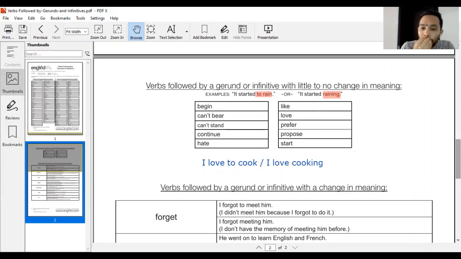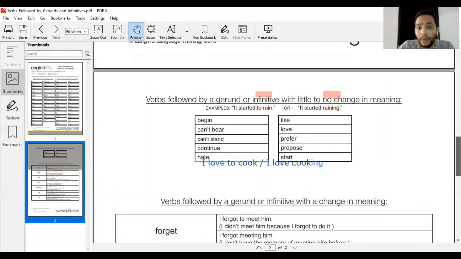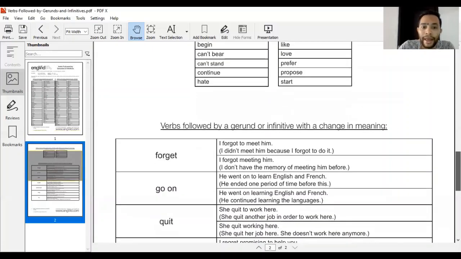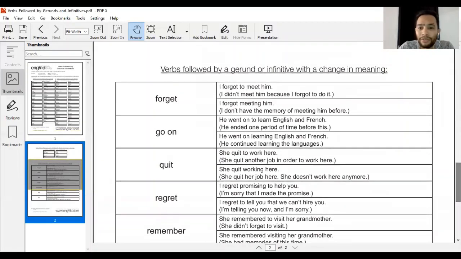It means, no importa cómo lo usen, con qué patrón se use, el significado va a ser el mismo. But then, for the next group, all right. For the next group, we have, I would say, the most difficult words or the most difficult pattern.